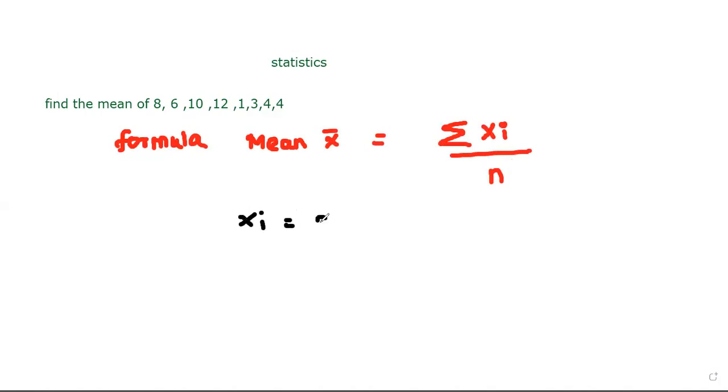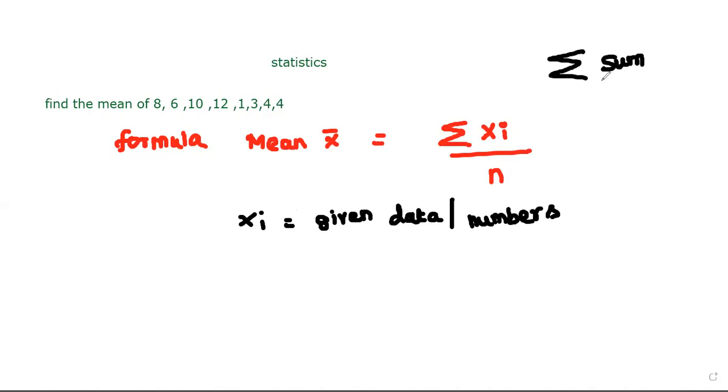This is nothing but the given data or numbers in the question. Given data, that is xi. Summation, this symbol is nothing but sum, which means you will perform addition. Sum means addition.